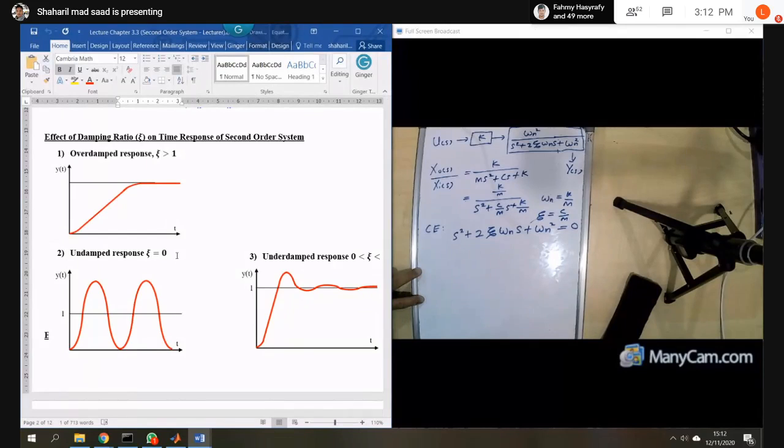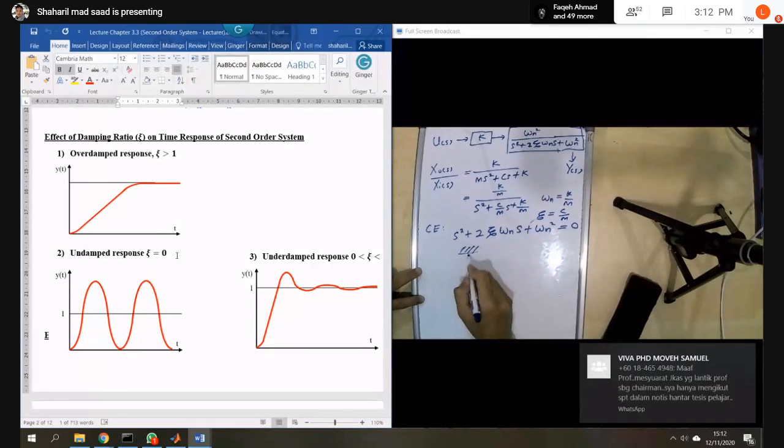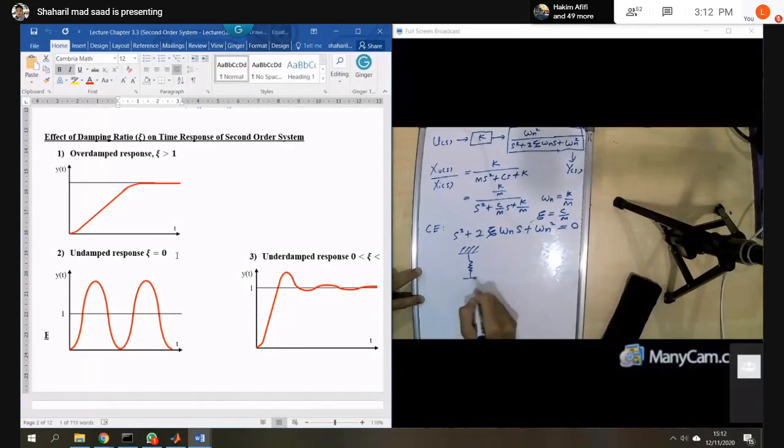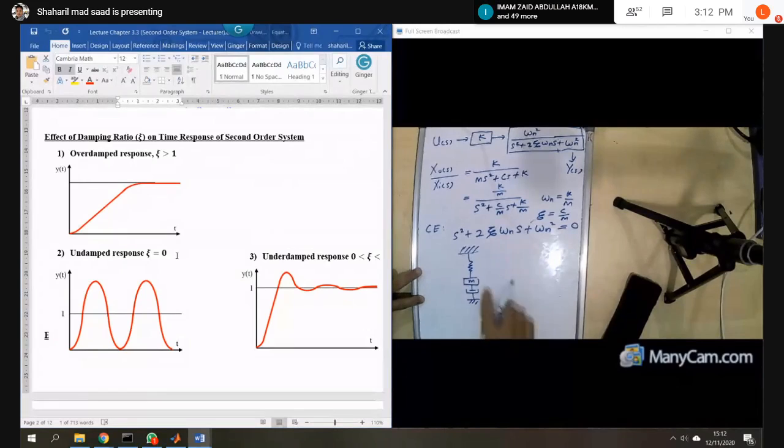Theta equal to 0 means you have a spring here, and then you have the mass here, and then you have the damper here: a mass spring damper. This damper determines the value of your theta.